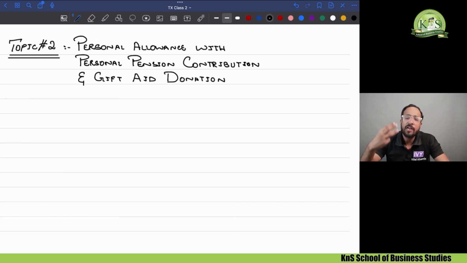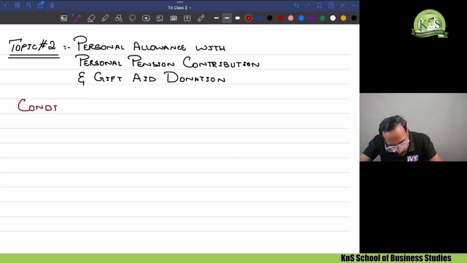It means we have three conditions. It can be 12,570, it can be 0, or it can be between 0 and 12,570. Now, what are these conditions? Let me discuss the conditions of personal allowance.